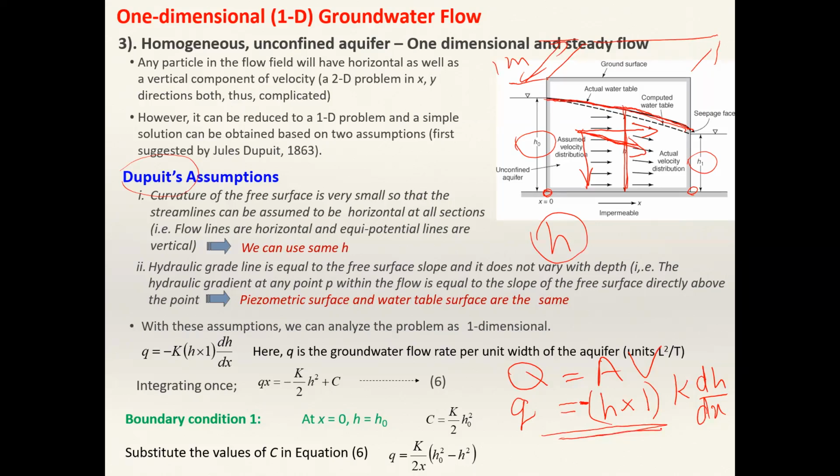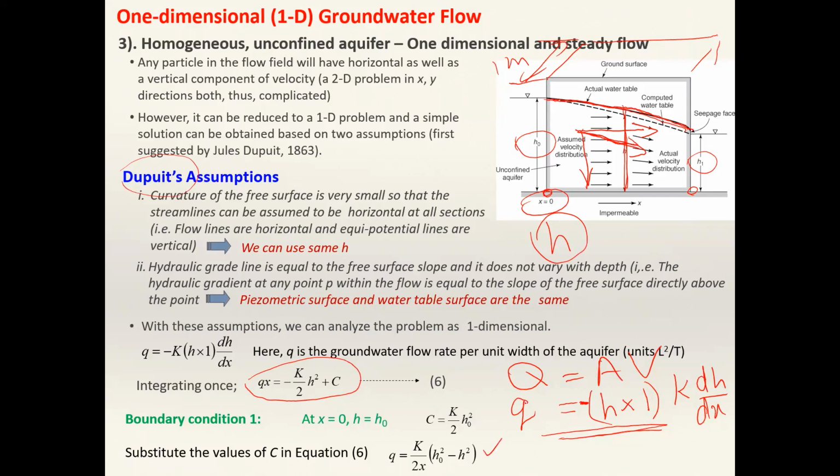Again, you can take the integration one time so that the equation becomes like this. Then apply one boundary condition. For example, when x is equal to 0, if you know what the water level is, then you can have the equation for the variation of the water level in the x direction, right?